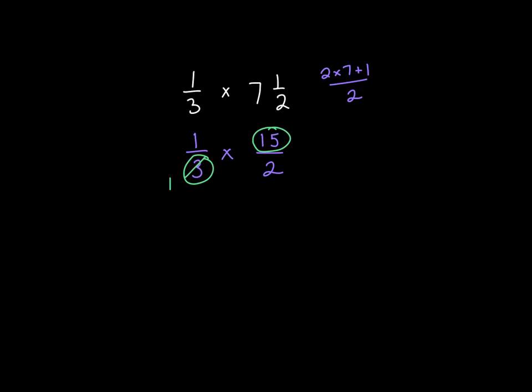So that becomes 1. 15 divided by 3 is 5. That gives us 5 over 2. And then to change it back to a mixed number, 2 goes into 5 2 times, with the remainder of 1. So 2 and 1/2.